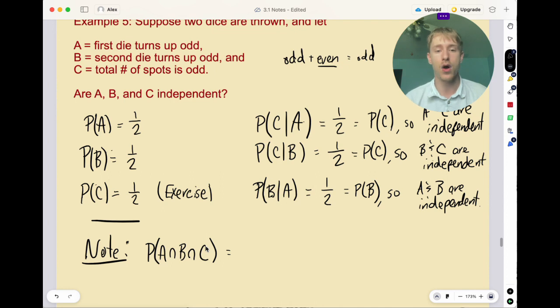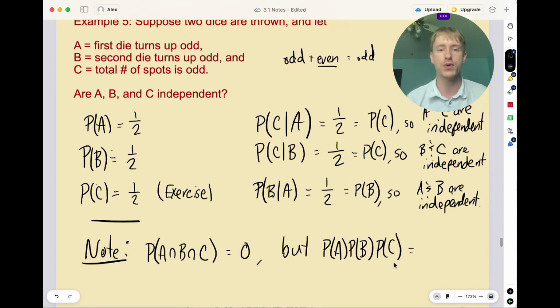So the probability that all three of these events occur is 0, but the probability of A times the probability of B times the probability of C is 1/2 times 1/2 times 1/2, which is 1/8.